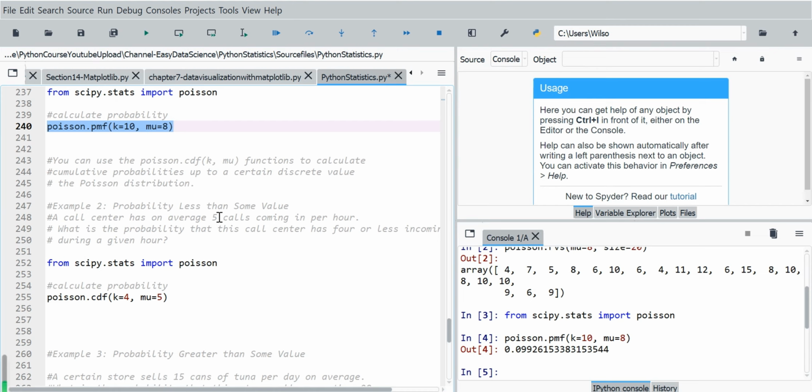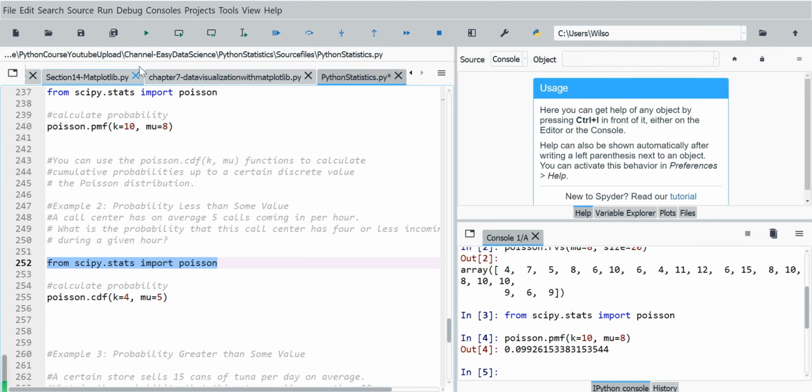What we want to know is the cumulative probability of occurring 0, 1, 2, 3, or 4 calls in this given hour.